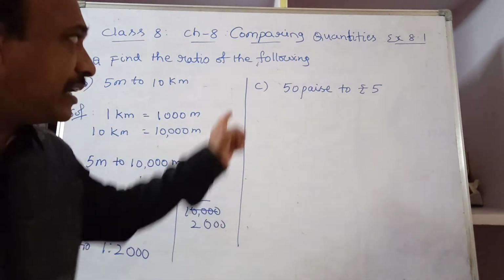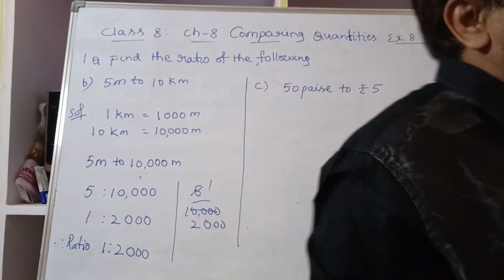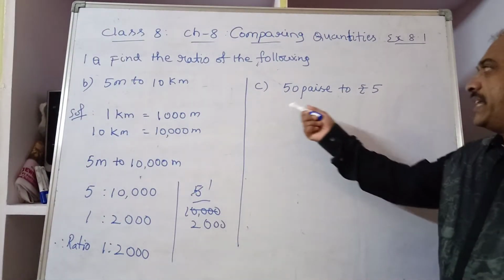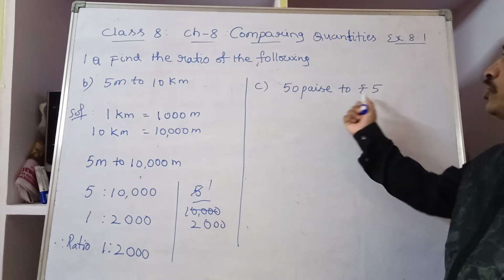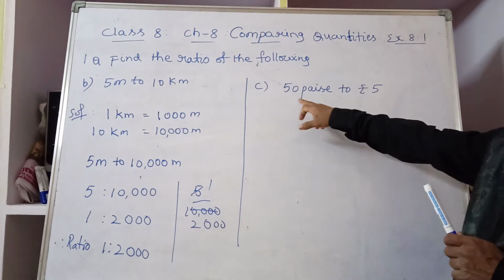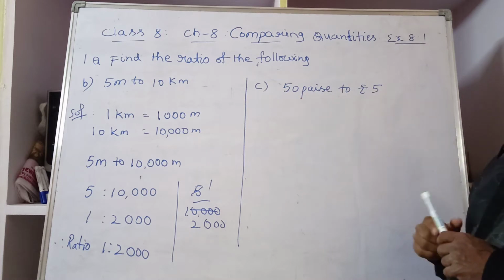Next, in the same question, part C, you see 50 paise to rupees 5. One is in paise and one is in rupees.